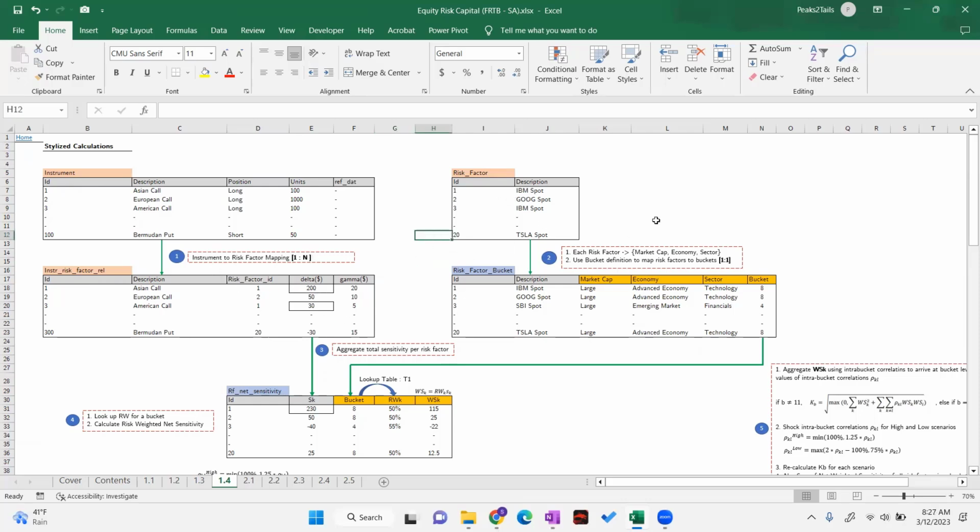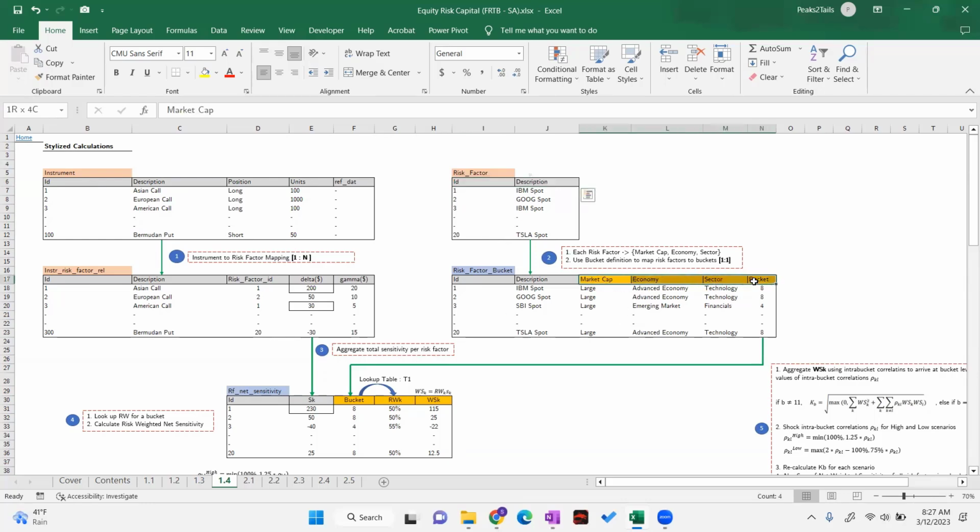And then on this side, you need to do risk factor to bucket mapping. Okay. So my intention was everything that you see in gray would probably already be there in the bank. If a bank has a trading book, they are managing market risk, all of this mapping would be there already in some form.